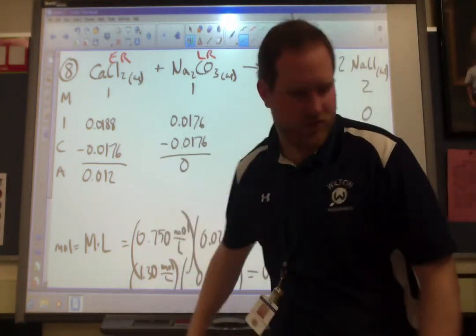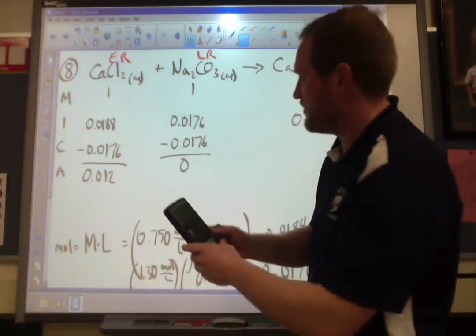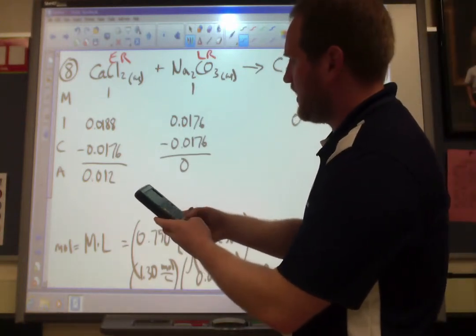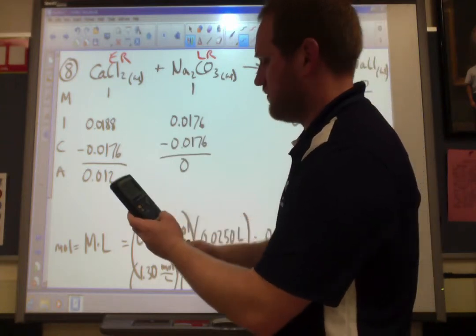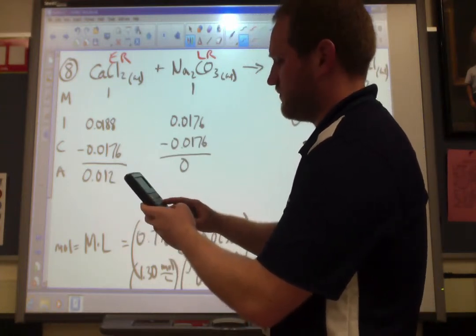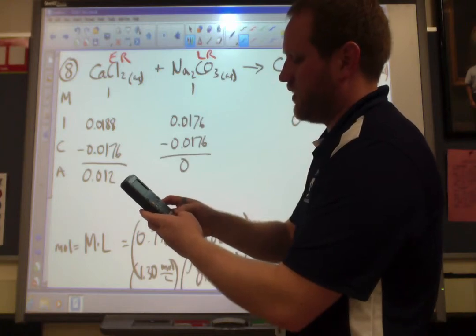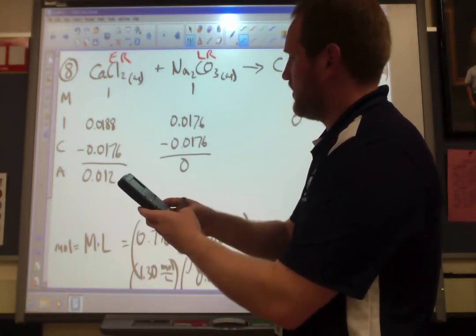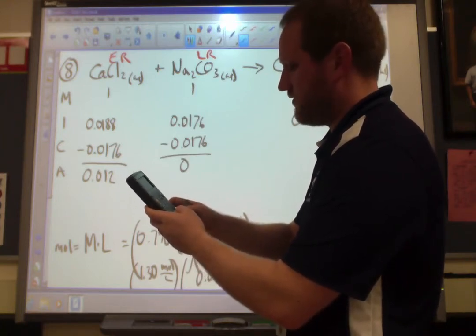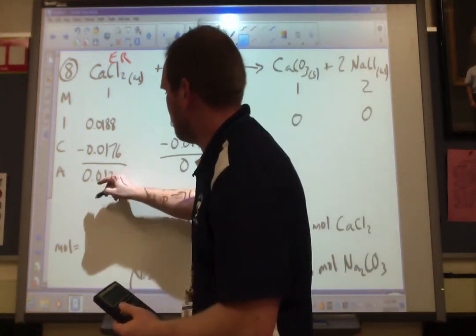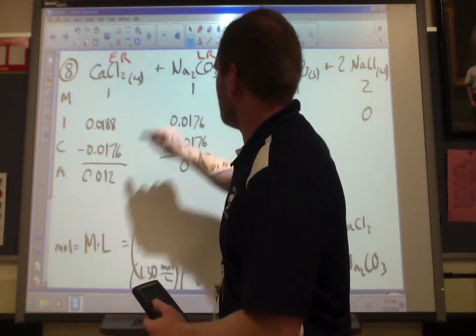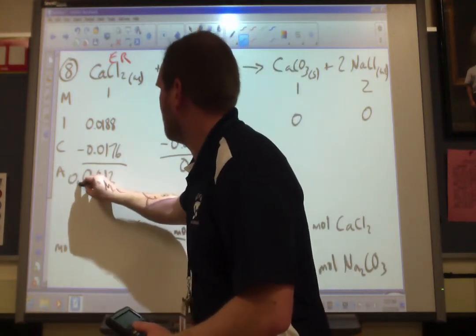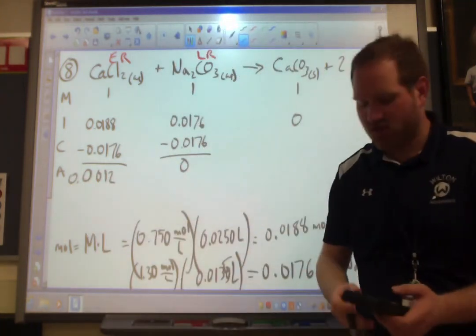No, I think I forgot an extra 0. Sorry, one sec. 0.0188 minus 0.012. Can't even read my own writing. 0.0188 minus 0.0176. I did forget the 0. That's what happens when you go too fast. Alright. So, 2 sig figs, just like that.